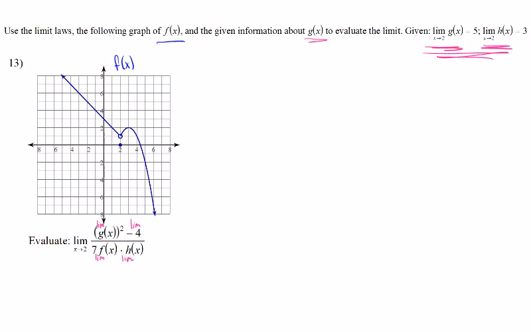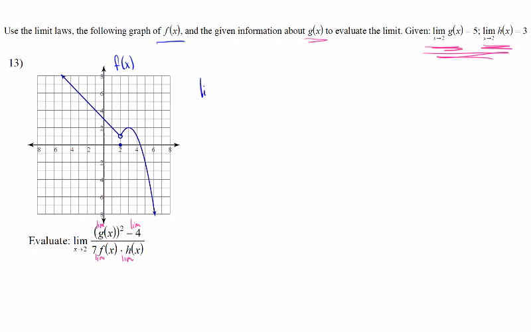And so again, this one uses the power law to be able to say that we can just take the limit of g of x and then square it. The difference law says the limit of a difference is equal to the difference of their limits. Constant multiple we talked about, and then the product law says the limit of a product is equal to the product of their limits, right? So when I rewrite this, it's going to look like this.